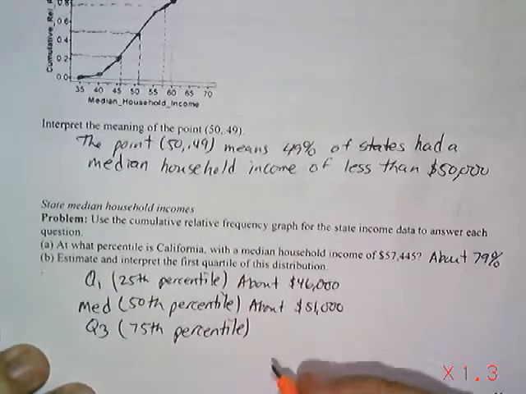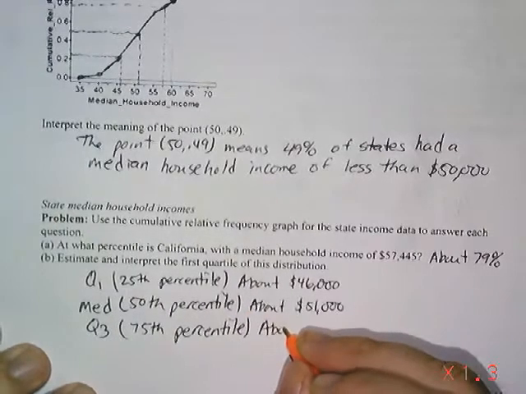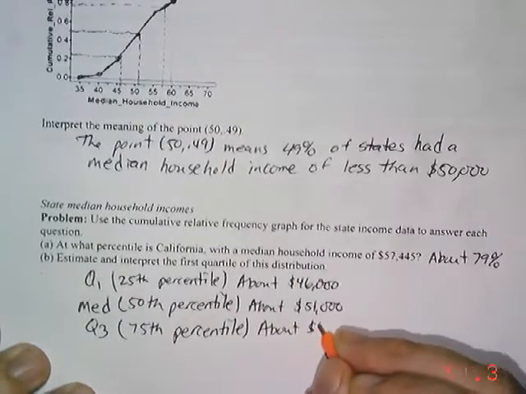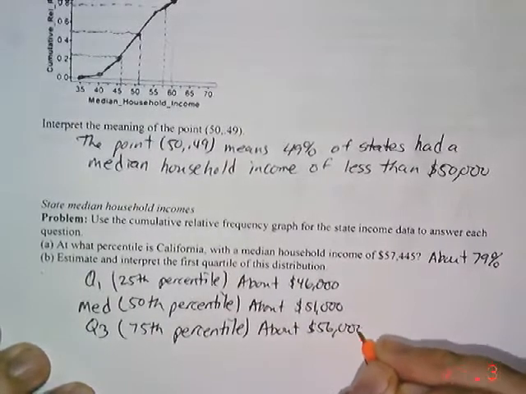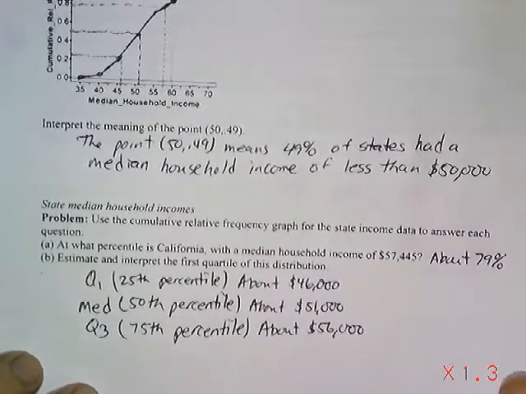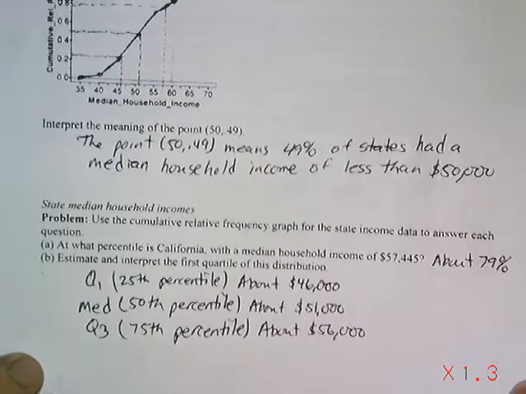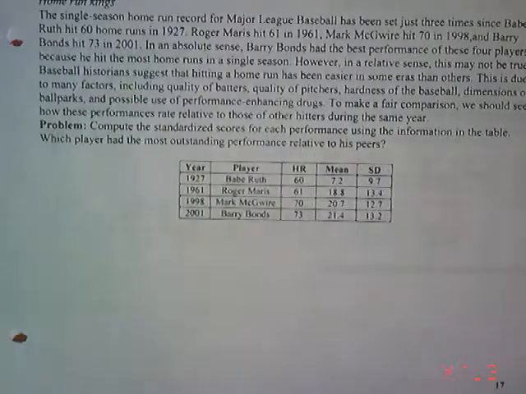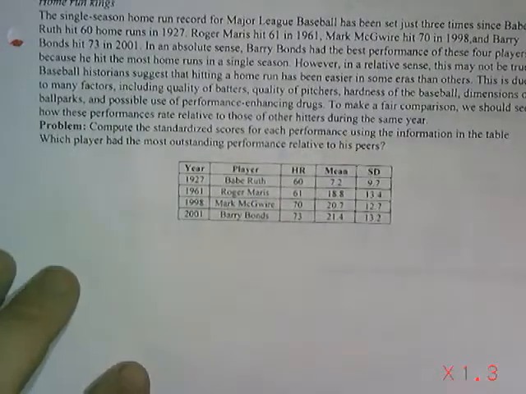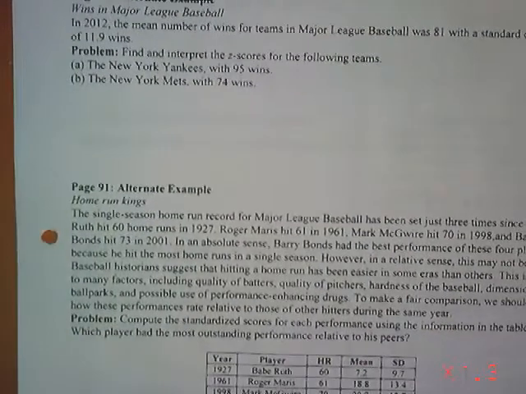So if we want to compare those, we can do a z-score for each player. For Babe Ruth, the z-score would be 60 minus 7.2 divided by 9.7, which is 5.44. In other words, Babe Ruth was 5.44 standard deviations above the mean.